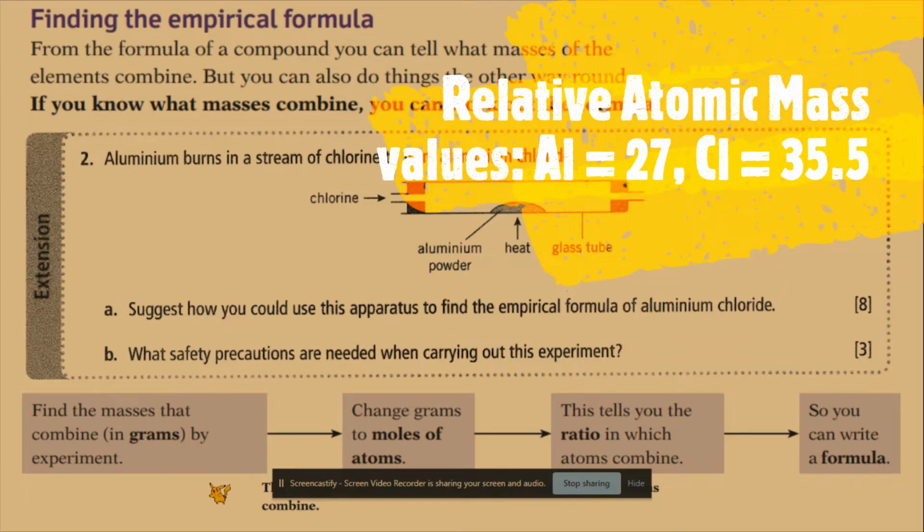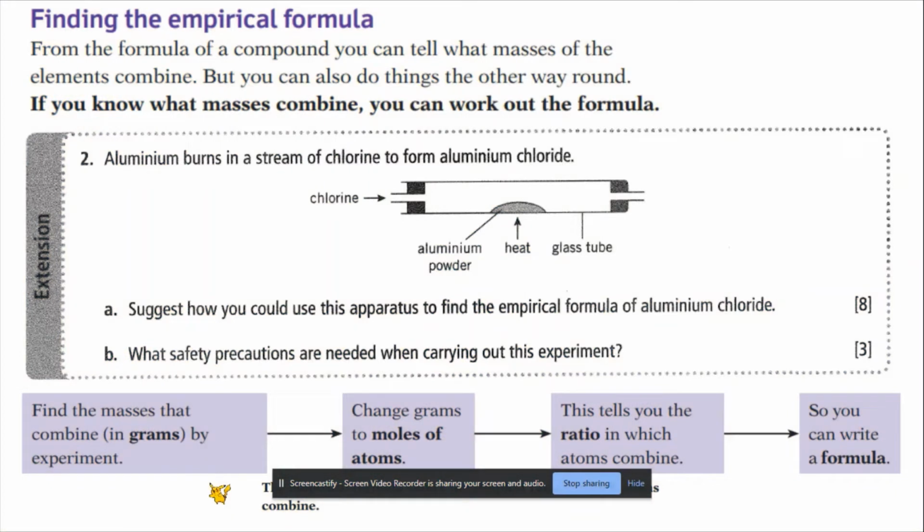So the chlorine atom has more mass in it. It would actually weigh heavier. So we can't just rely on grams to work out the ratio of the atoms in our compound. We'll have to change the grams to moles of atoms.